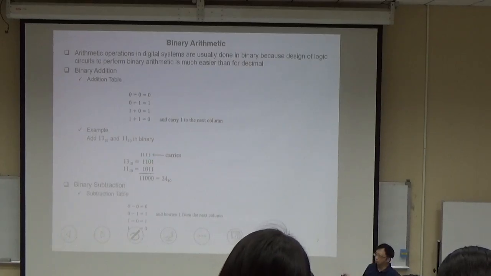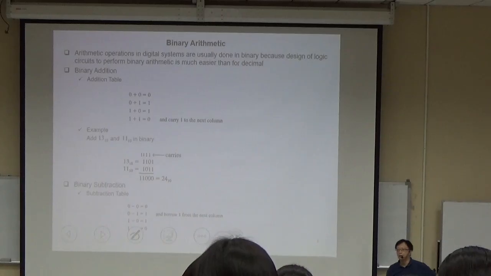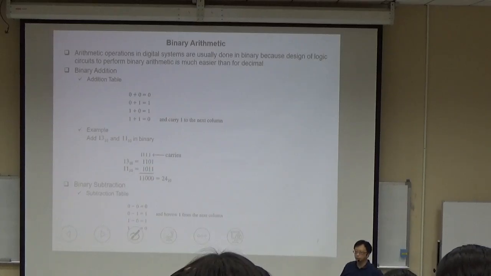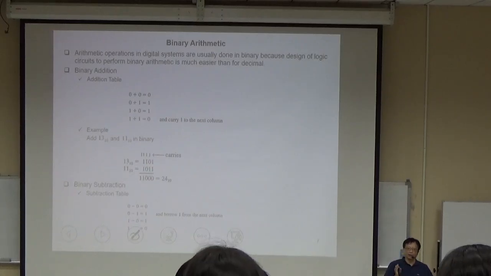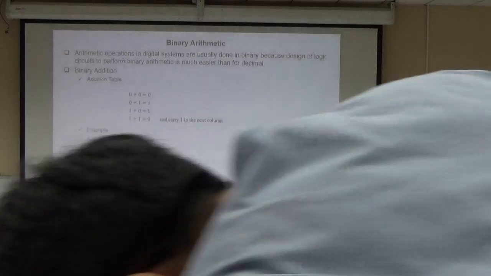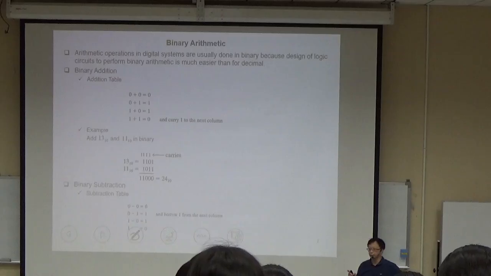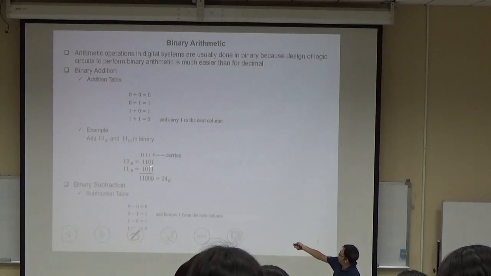Still perform addition for the binary numbers: 1 plus 0 equal to 1. And this 1 plus this 1, okay, we get 0 with a carry. There's a 0 right here, and there's 1 indicating the carry. This process continues, and up to here there's a carry 1.